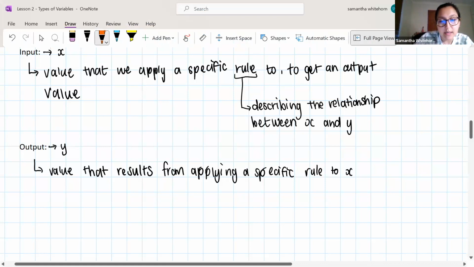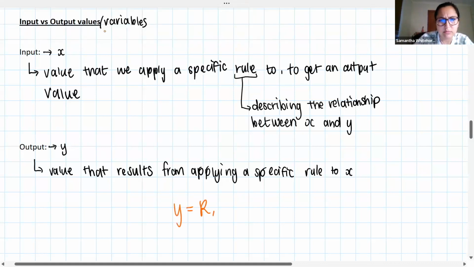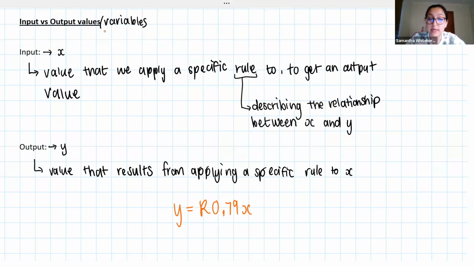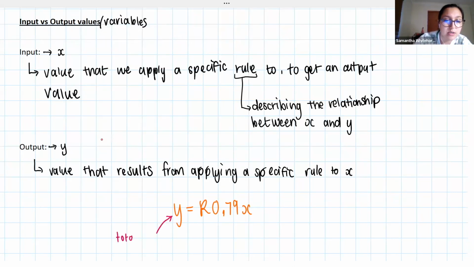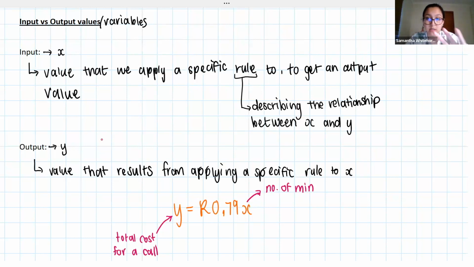If we have Y equals 79 cents times X, let's take that algebraic sentence and understand what it means. This Y that I've got here represents my output, so it represents my total cost for a call. X represents the number of minutes of that call.